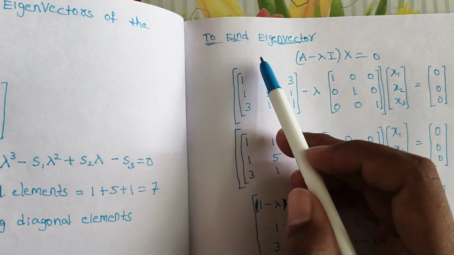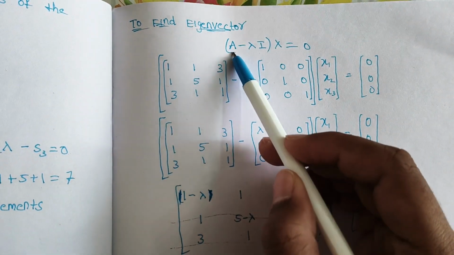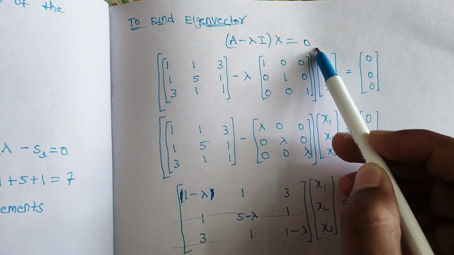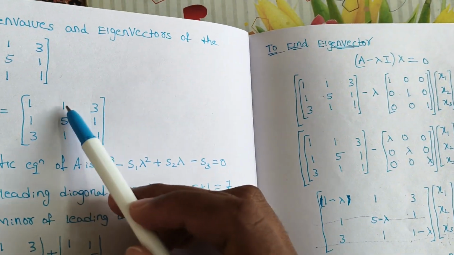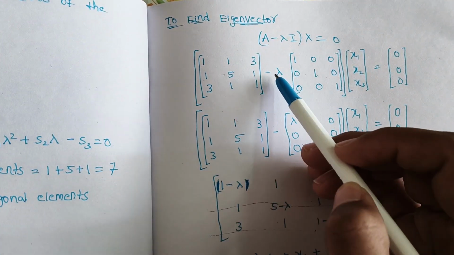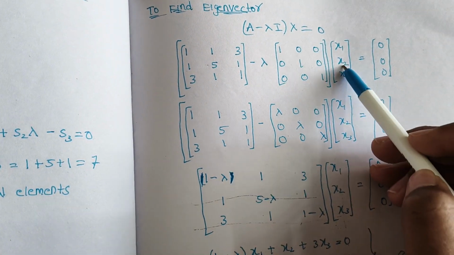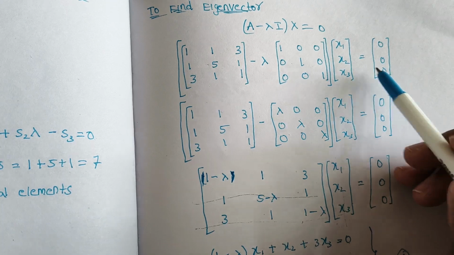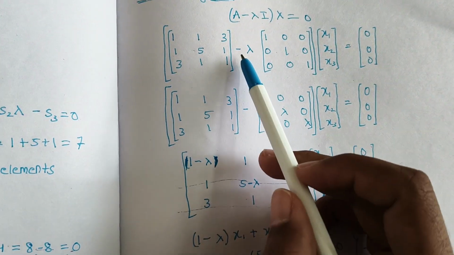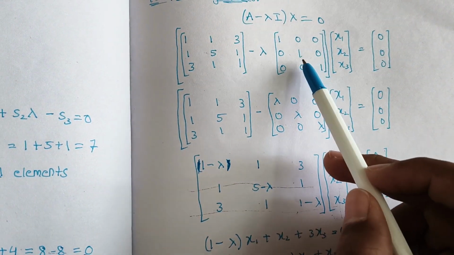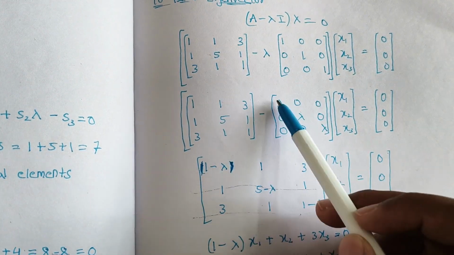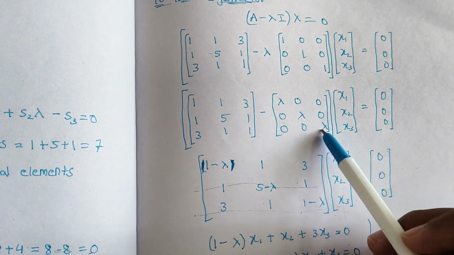For finding the eigenvectors, this is the formula: (A minus lambda I) x equal to 0. This is the A. Then minus lambda I, the identity matrix, times x1, x2, x3, equal to 0, 0, 0. We are multiplying lambda with the identity matrix: lambda into 1, lambda, lambda into 1, lambda, like this.